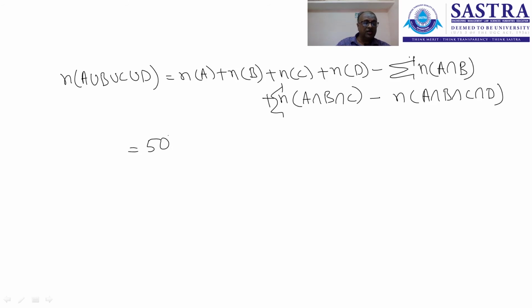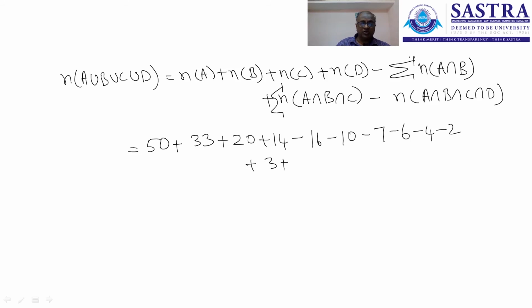I will have 50 plus 33 plus 20 plus 14 minus 16 minus 10 minus 10 minus 7 minus 6 minus 4 minus 2 and then plus 3 plus 2 plus 1 plus 0 minus 0.